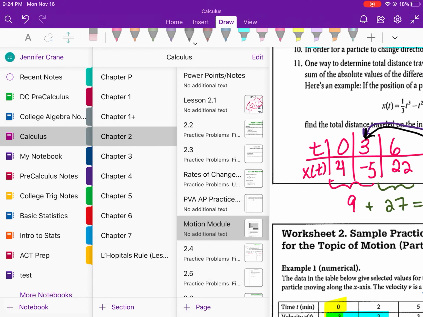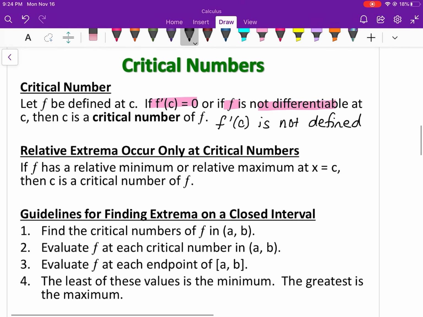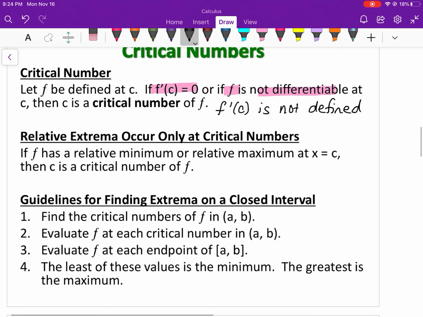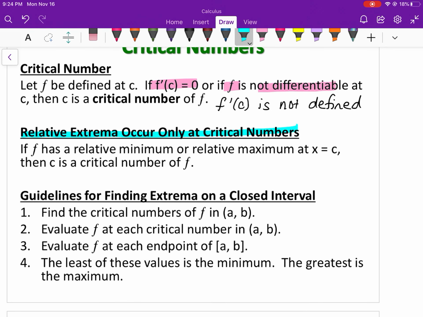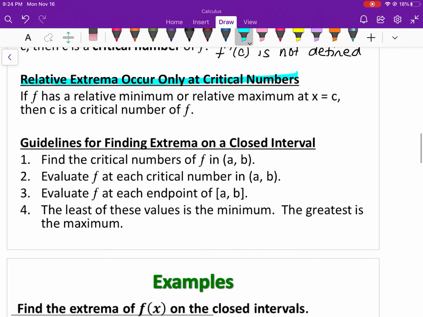Well, you're going to be doing very similar things today with 3.1. You're going to be finding a critical number, and it says here that relative extrema can only occur at critical numbers. We'll get that here in just a second. You'll see that in our tables coming up. Then for the examples, we're going to find extrema on a closed interval.